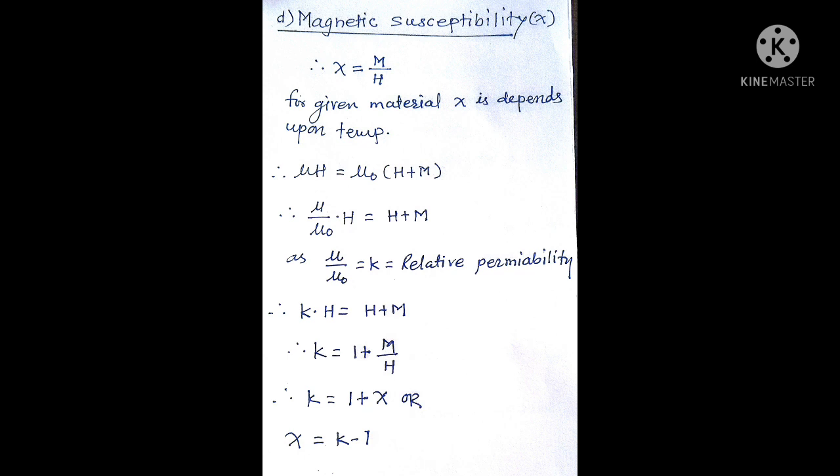Magnetic susceptibility is a characteristic of that magnetic material, and for a given material it also depends upon the temperature of material.